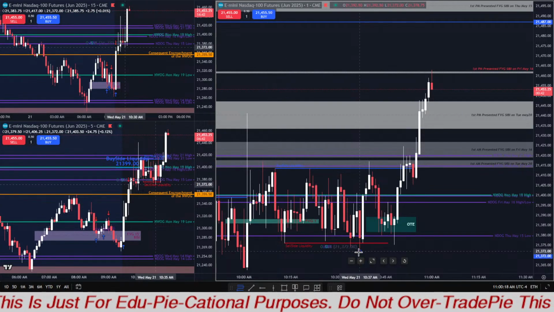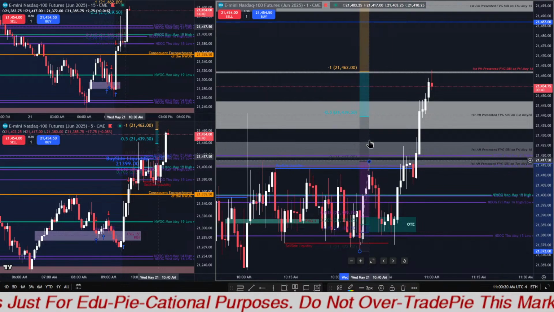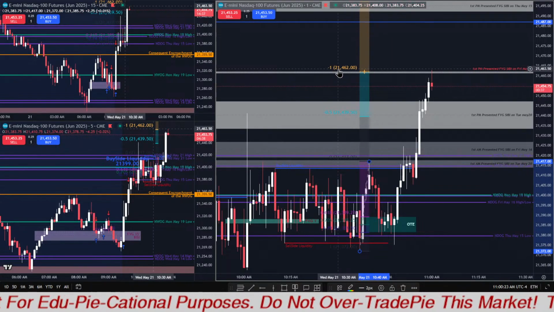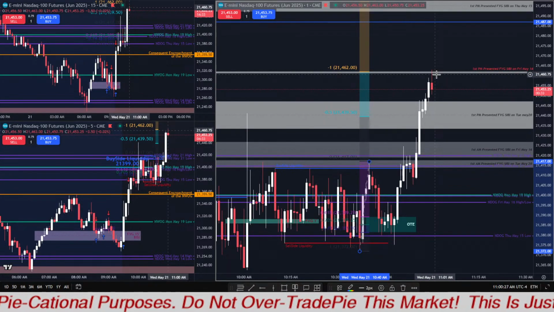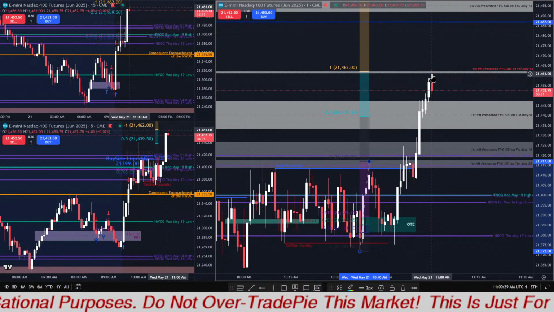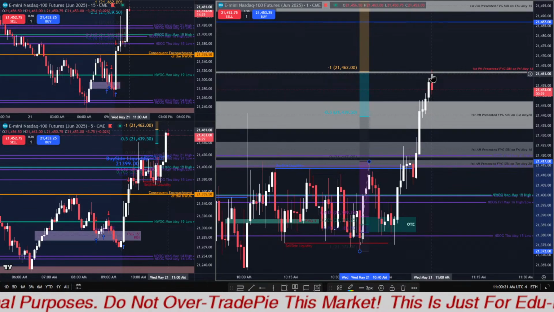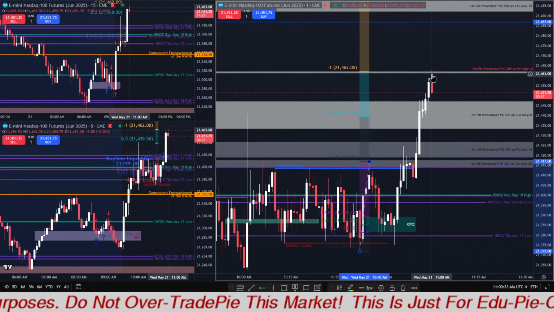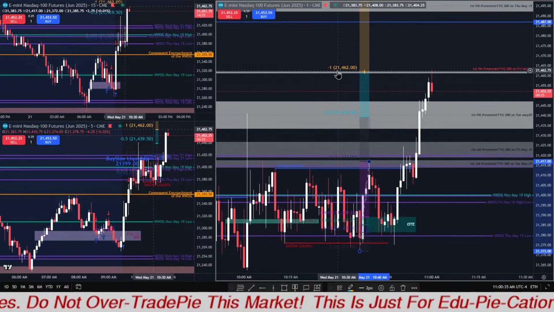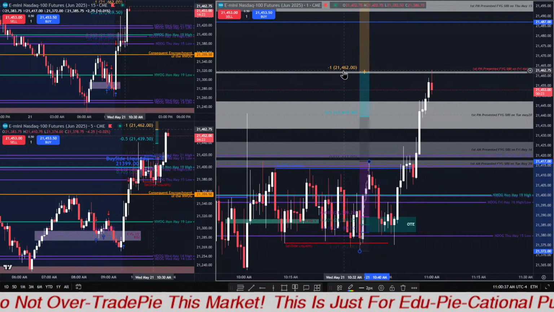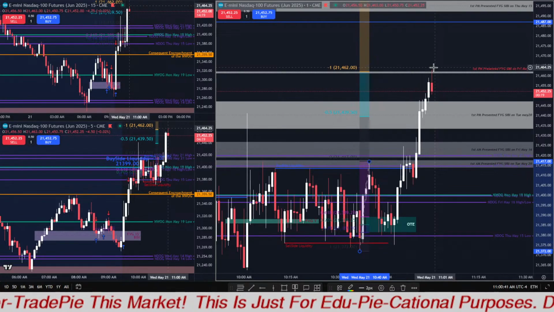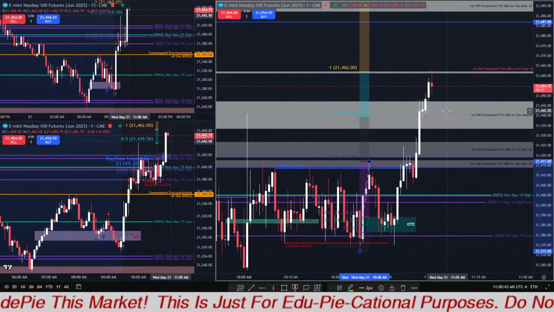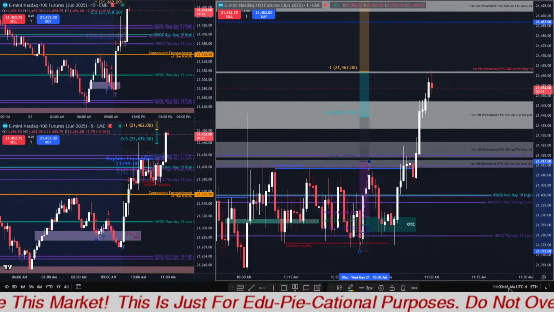If I want to show you exactly what I'm saying, is this one. You can see the first projection of this dealing range is delivered over here. The high of this candle is formed at 21,463 even, and the first projection is 21,462, just one point above that, and after that the market started going lower.